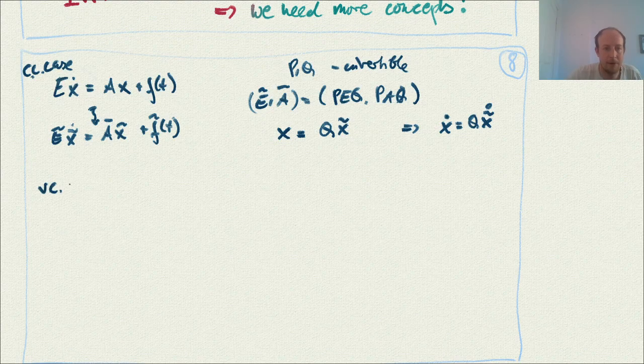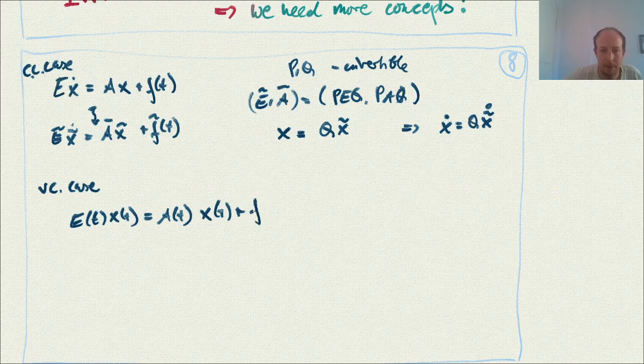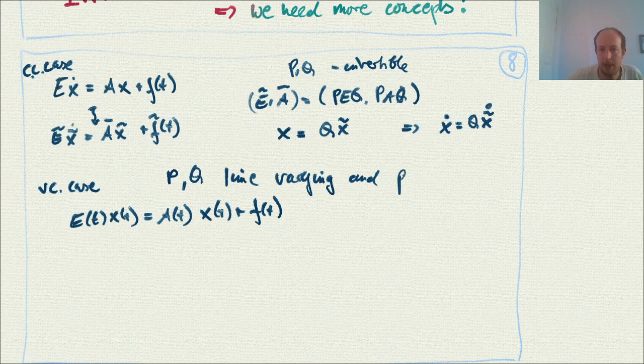Now here the variable coefficient case. If we want to, e of t x dot of t is a of t x of t plus f of t, and now we want to use p and q, time varying and pointwise invertible.